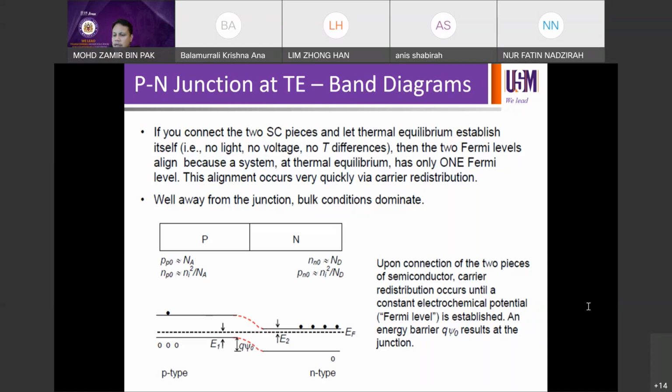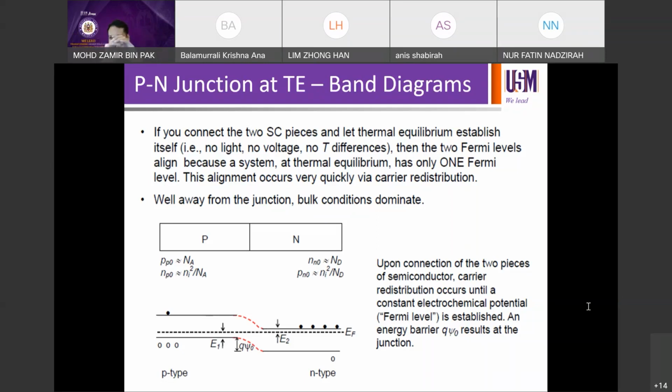As far as the band diagram is concerned, when we have two different materials, the Fermi level of the P-type material is close to the EV, and the Fermi level of the N-type material is close to the EC.